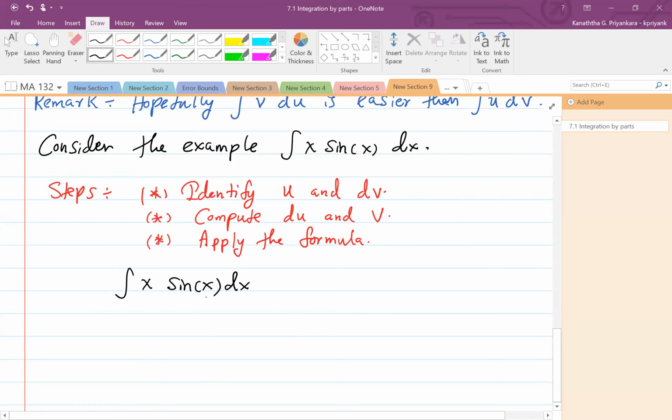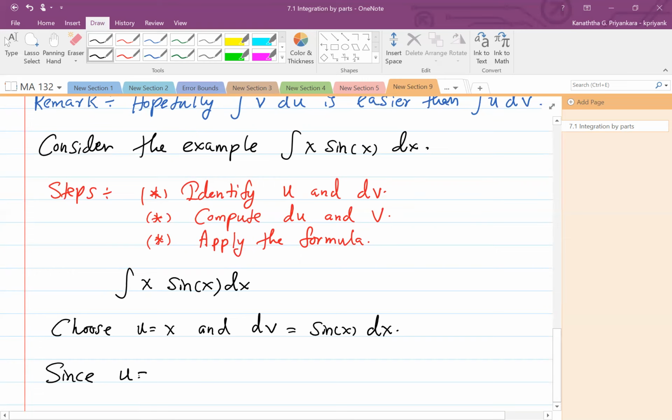In this problem, I'm going to choose u as x and dv as sine x dx. So choose u equals x and dv, which is sine x dx. In the second step, we need to compute du and v.